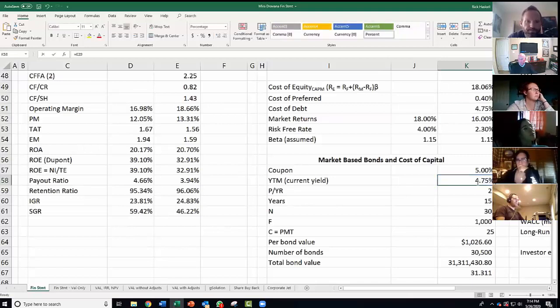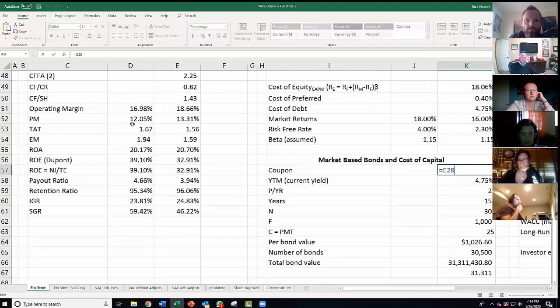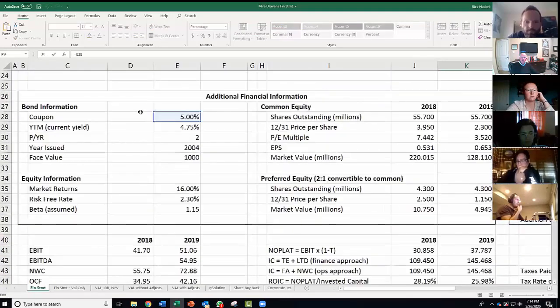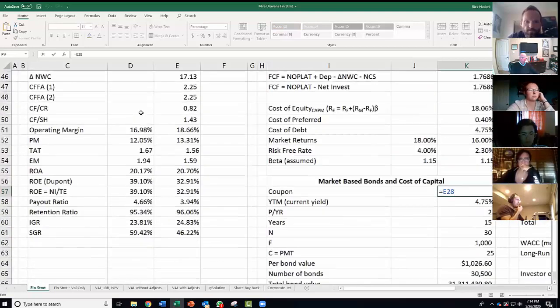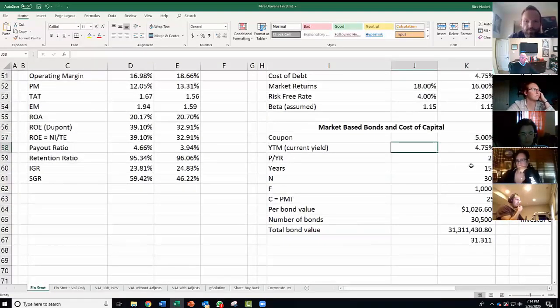And here I reference the cell we were just looking at. You could say, well, Rick, we don't need to put some of those values down here because they were up in the financial statements, and you'd be right. I just like to see them. It makes it easier for me to visualize them. So the coupon rate also came from that cell reference up here. So they're not calculated, they are simply referenced.